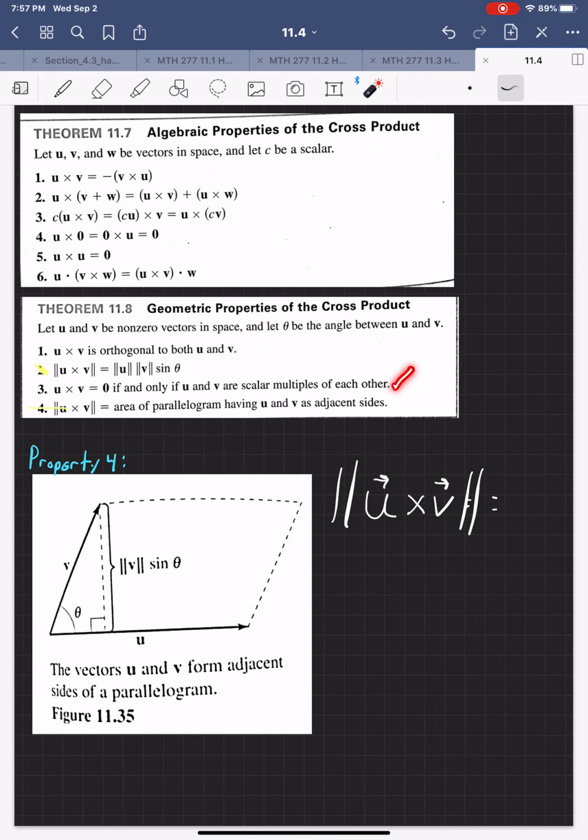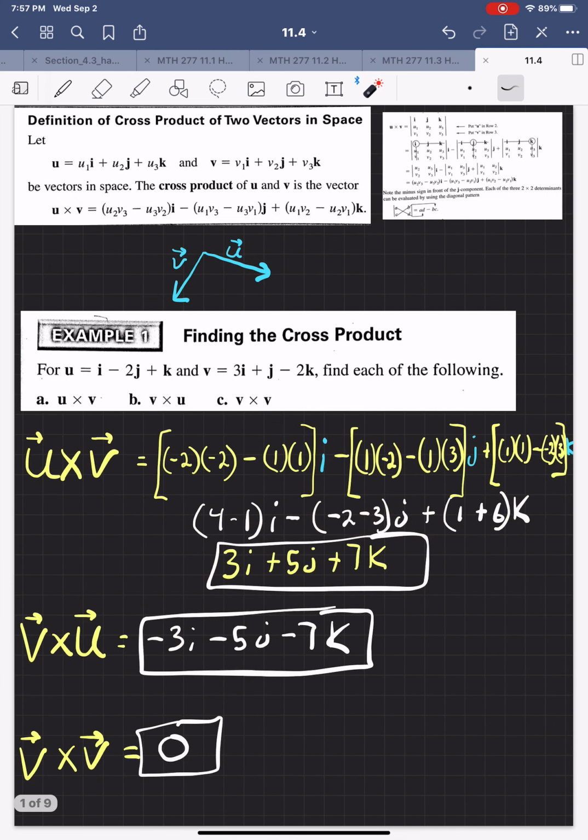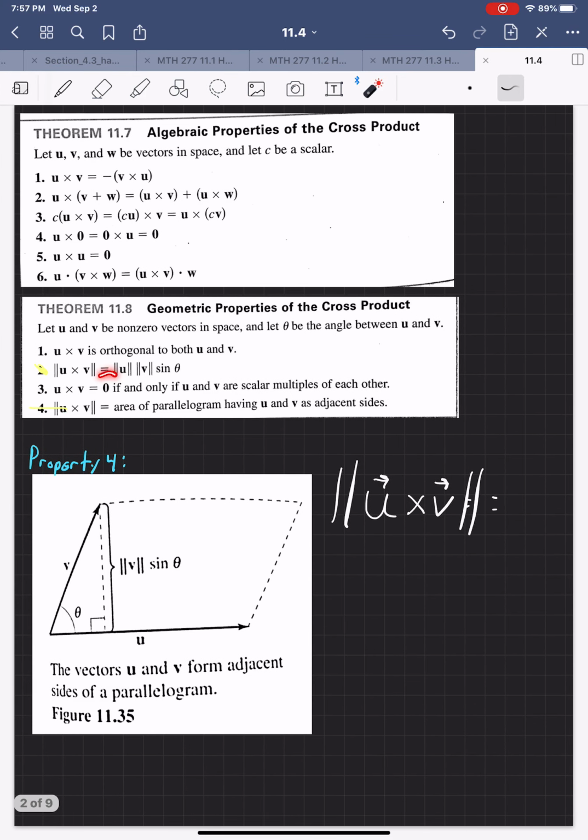The only other geometric property you've seen is this: in example C here, if you take a cross product and you get the 0 vector, that's true if and only if u and v are scalar multiples of each other.